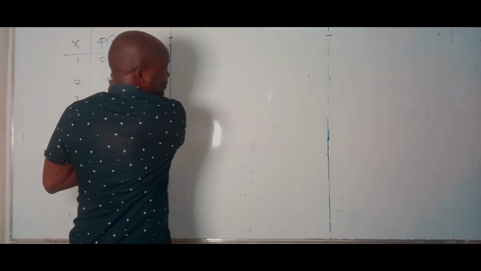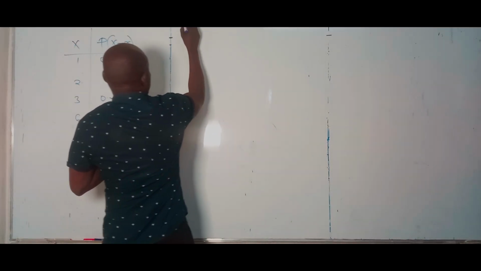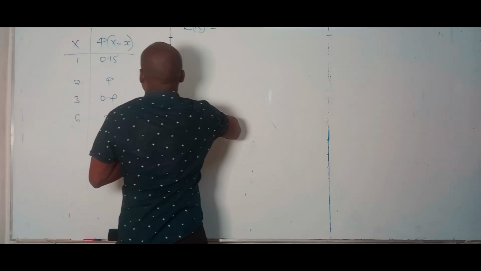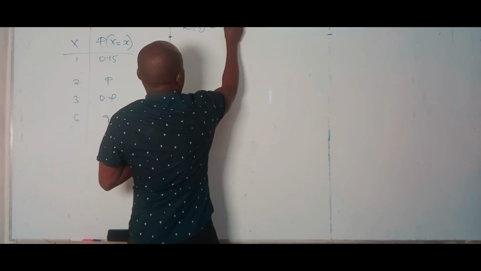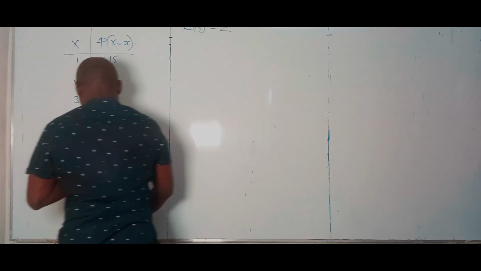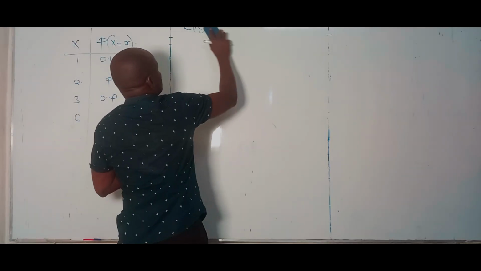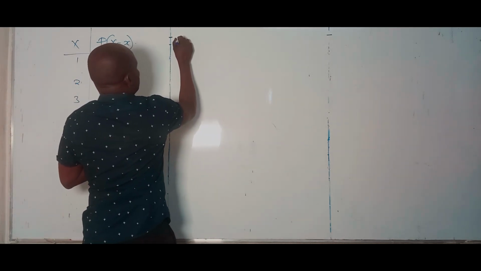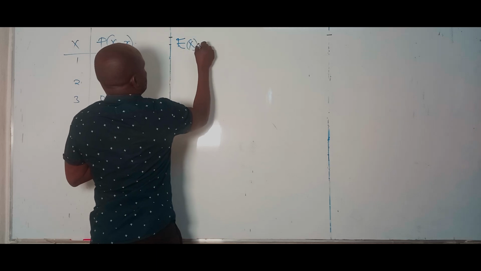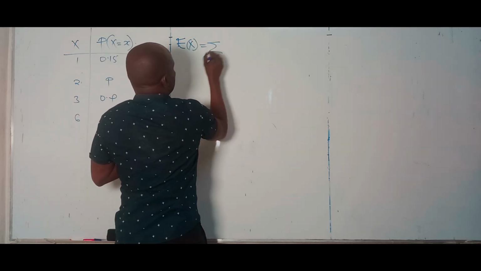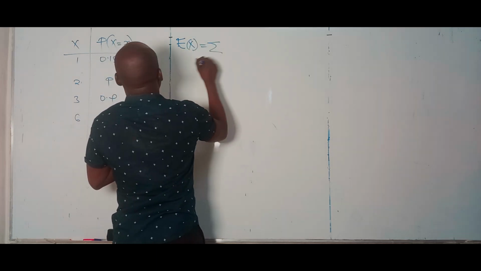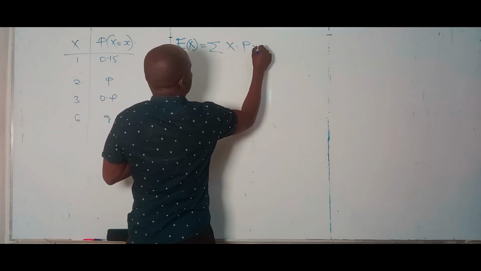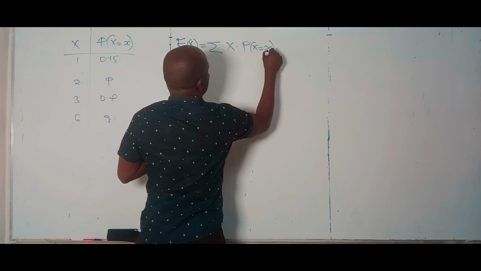Now, expected value of X is given by the summation of x times P of X equals x.